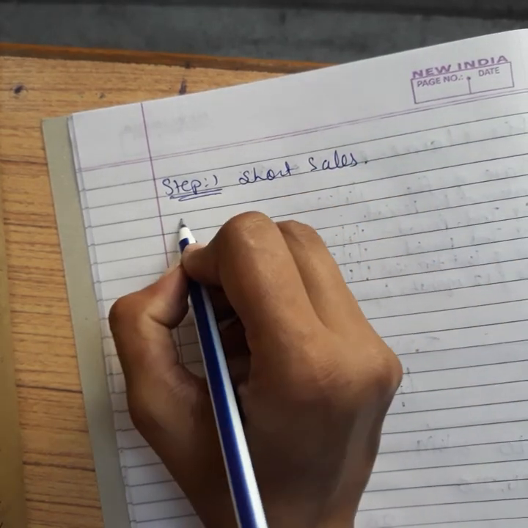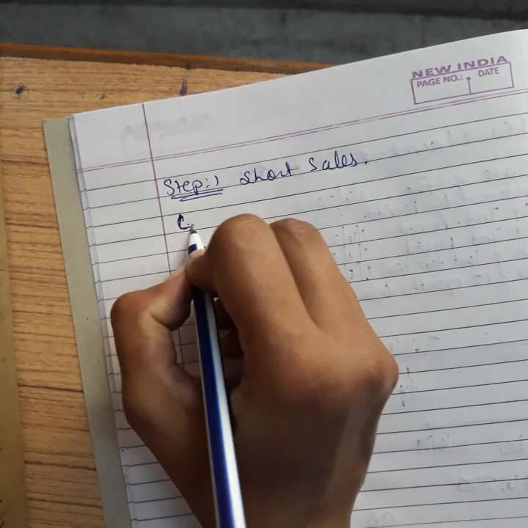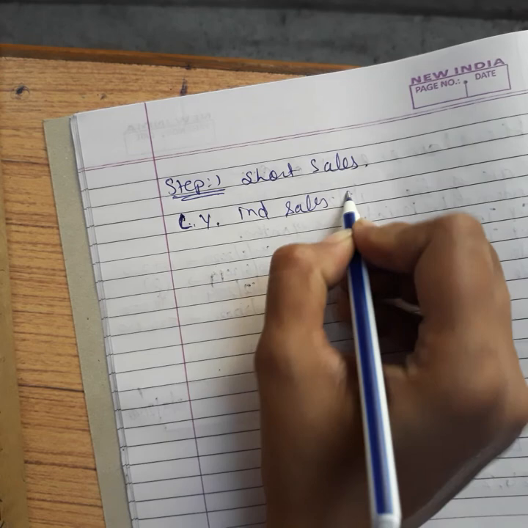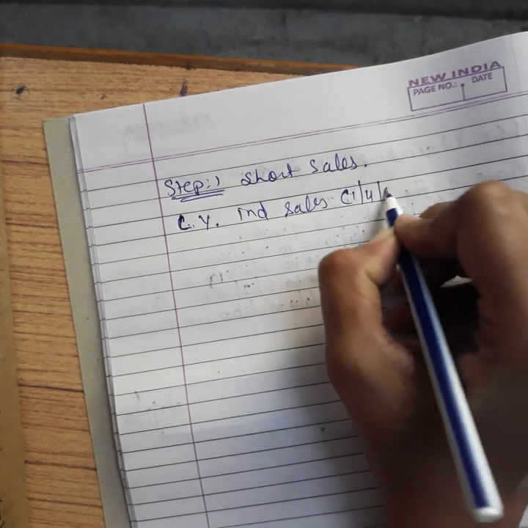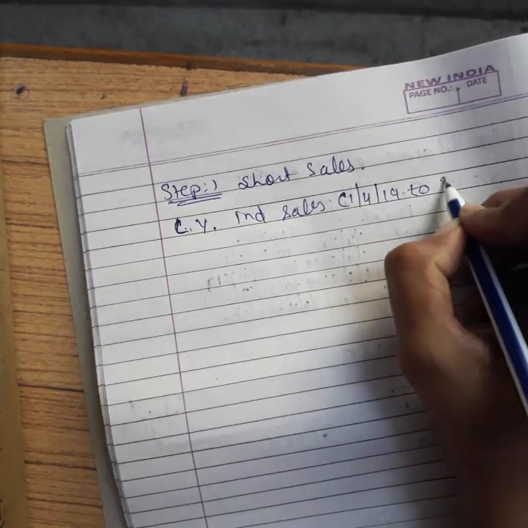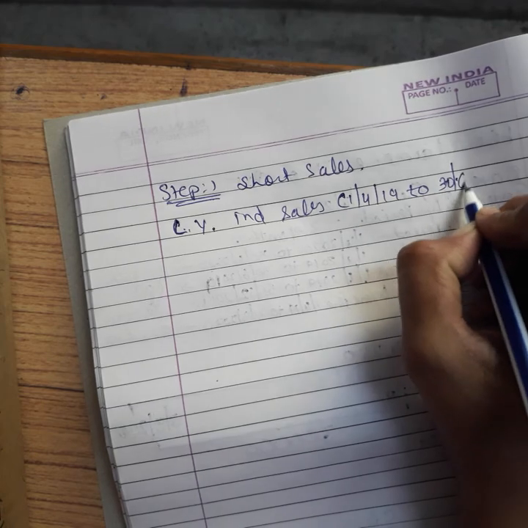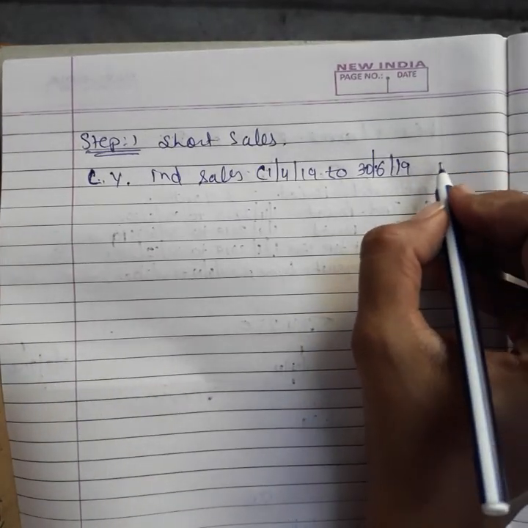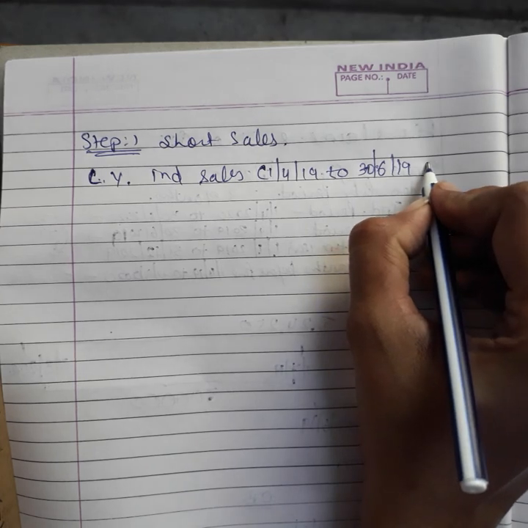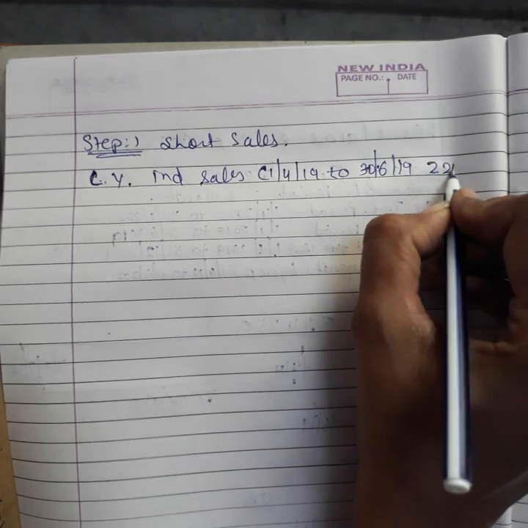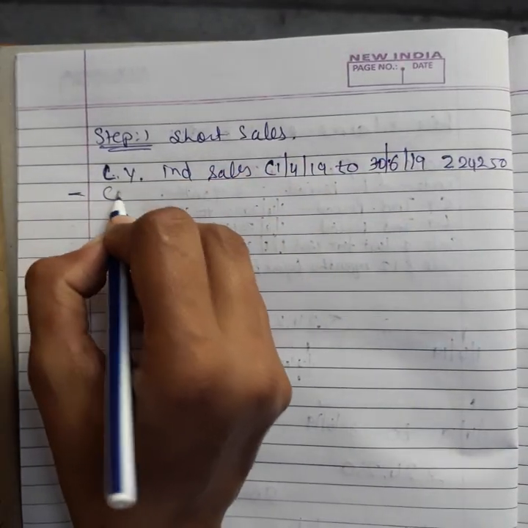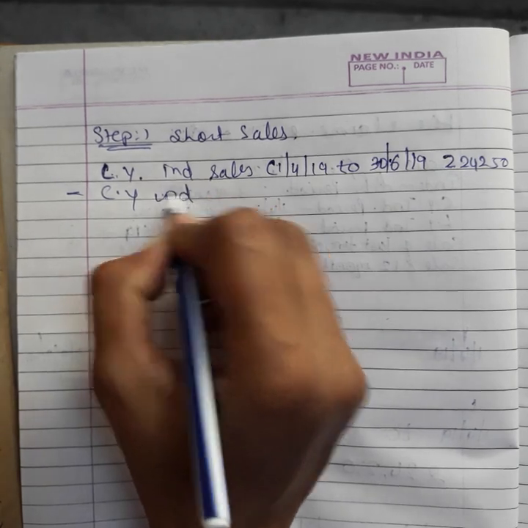Under that formula, last year indemnity sales, that is from 1/4/19 to 30/6/19, the sale amount is what we have just found out, 224,250 minus current year's indemnity sales.